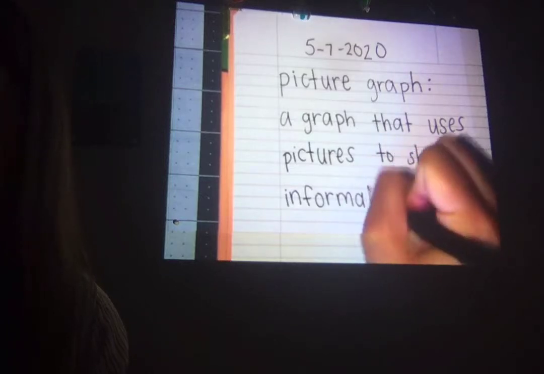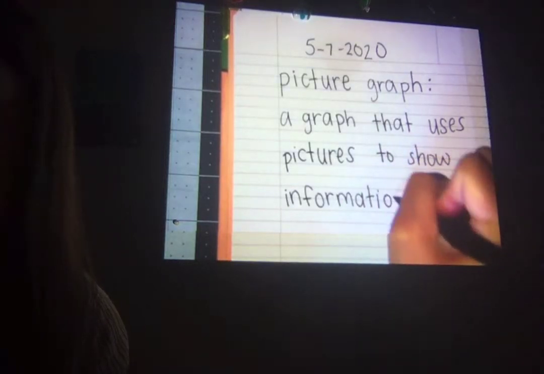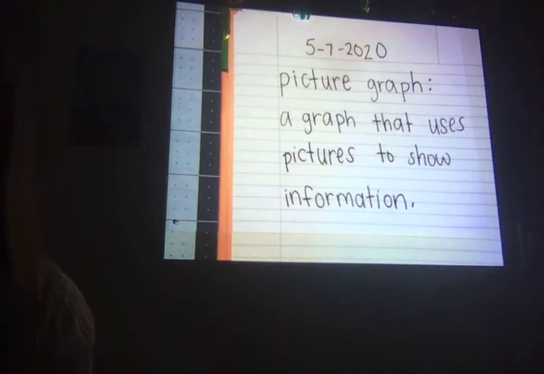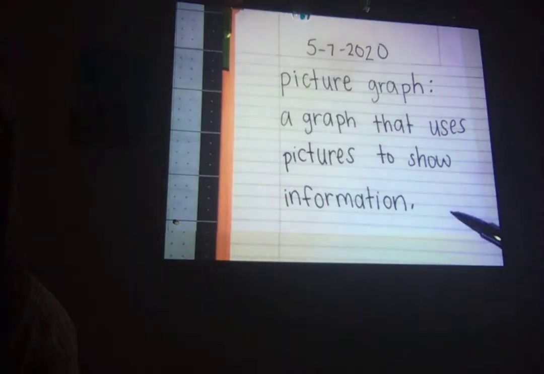I'll say that one more time, and then I'll have you go ahead and pause the video if you need to, so that you can copy that down. A picture graph is a graph that uses pictures to show information.